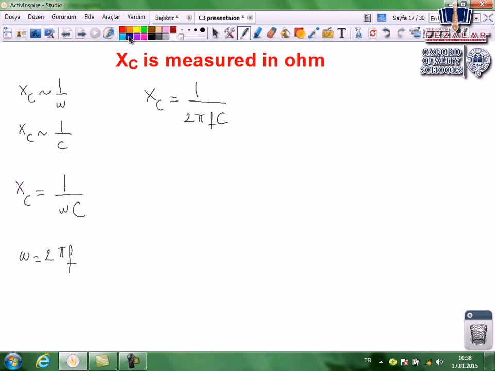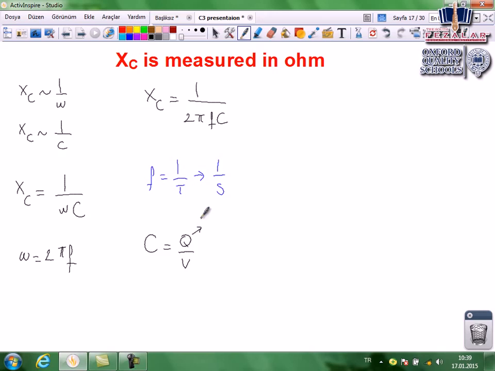Remember, f is 1 over period, yes. So the unit of f can be written as 1 over second. And C is, let's use black pen, C is, remember from the first chapter, equals Q over V. Remember, current is the amount of charge over time.